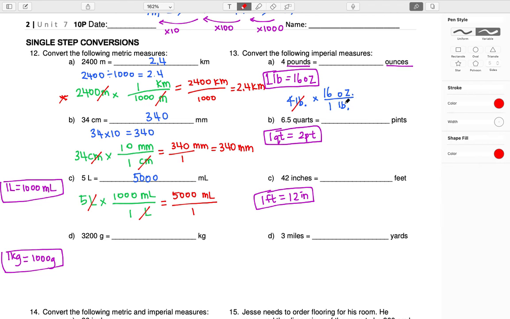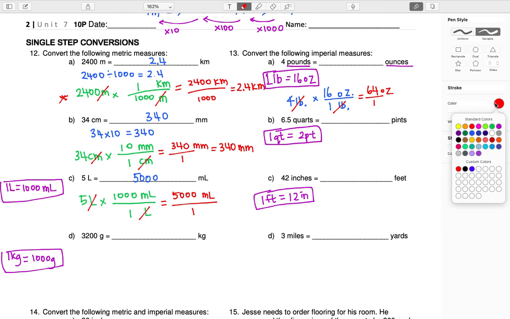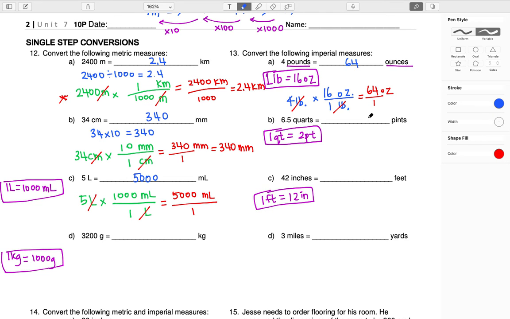Then pound and pound cancels out. So we have to do 4 times 16, which is 64 over 1. Therefore, my final answer is 64 ounces.